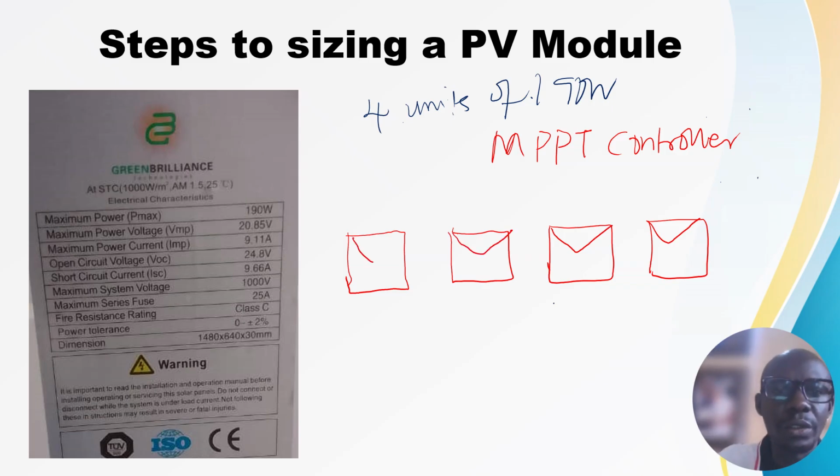This is the symbol for a solar panel. And remember, this is the positive side, this is the positive side, this is the positive side, this is the positive side. And this is the negative side, negative side, negative side, negative side.